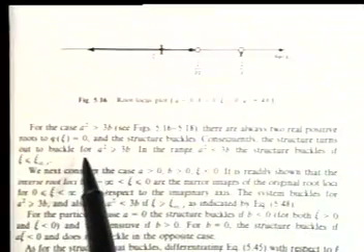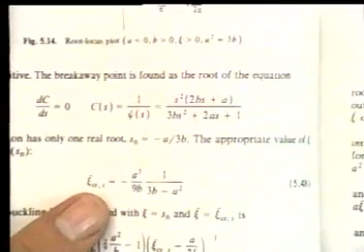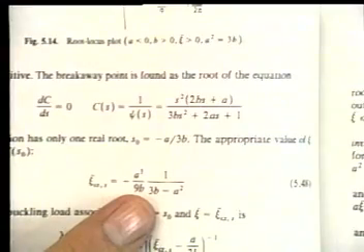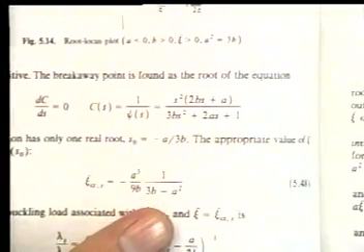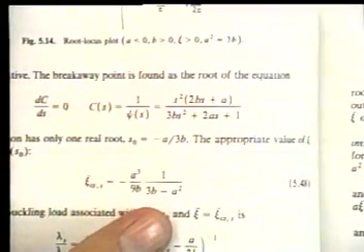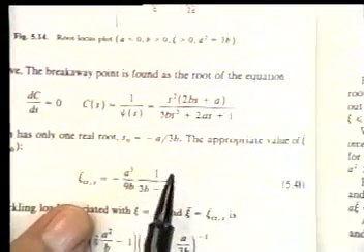Just write this first sentence. This critical initial imperfection is written here, equation 545. Initial imperfection critical equals minus a square over 9b, 1 divided by 3b minus a square. Because a square is greater than 3b, this is a positive quantity.